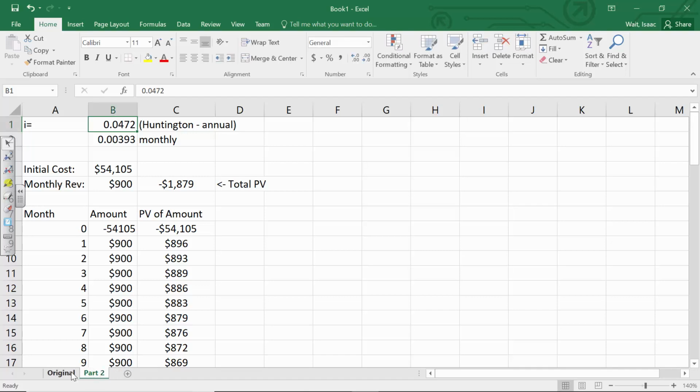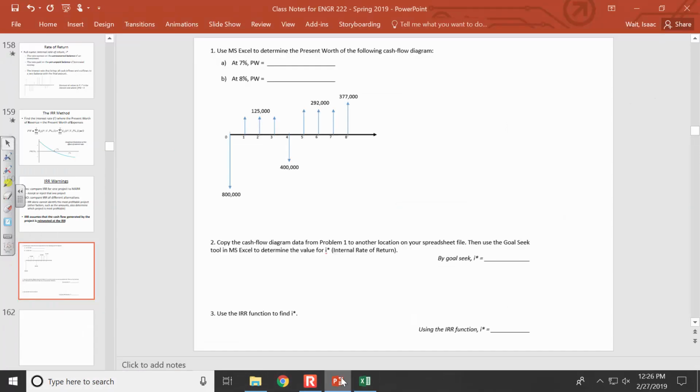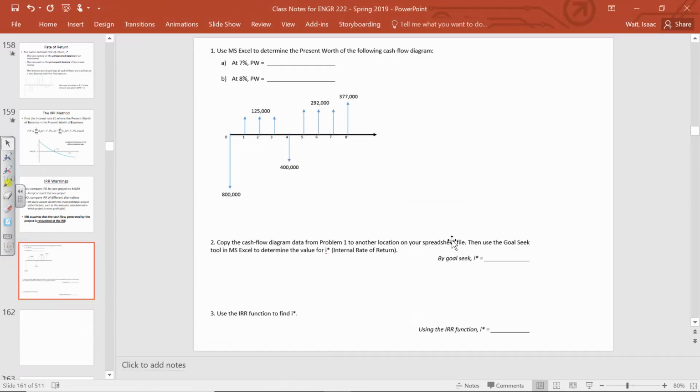Now I can keep the original, but in part 2 I can play around with 0.0275, like if I wanted to have a different sheet with different assumptions. And that's what I'm asking you to do in part 2 of the question, where it says to copy it to another sheet and then use goal seek.